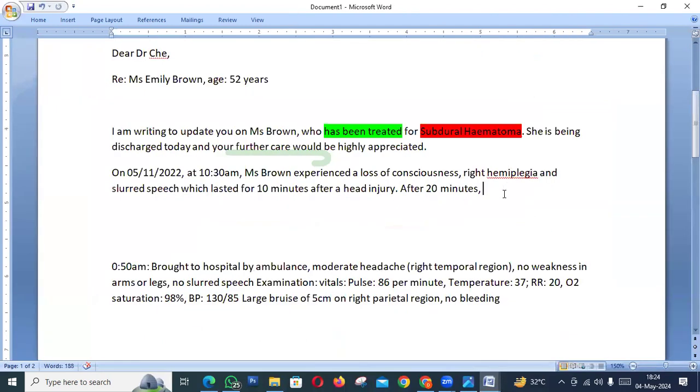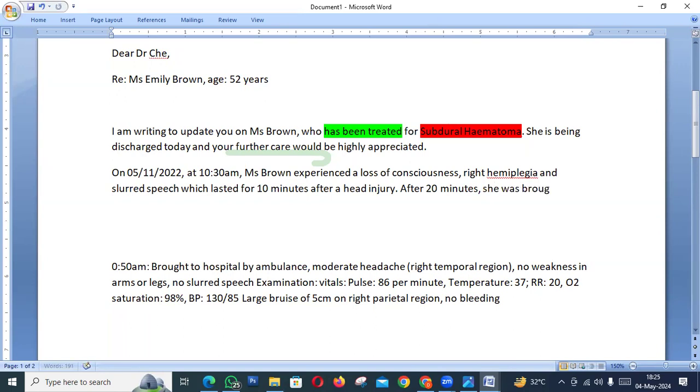After 20 minutes, if I already mentioned 10 minutes of these symptoms, it means after this he is not having these symptoms. So we can say after 20 minutes, she is here.